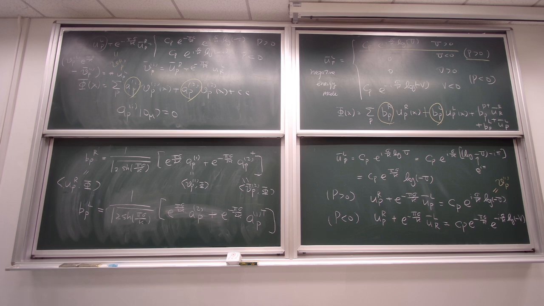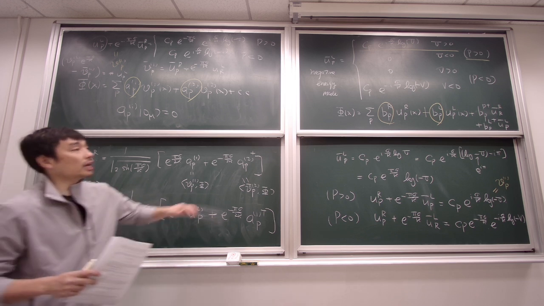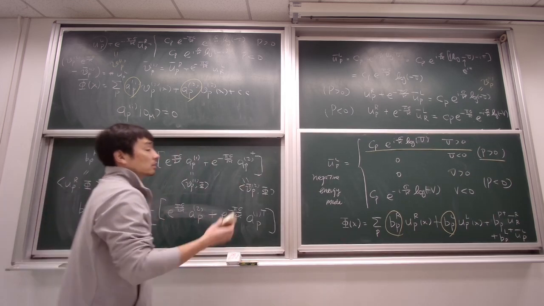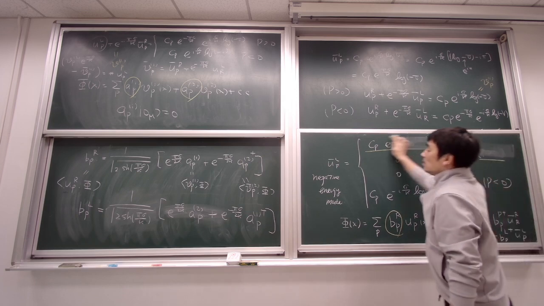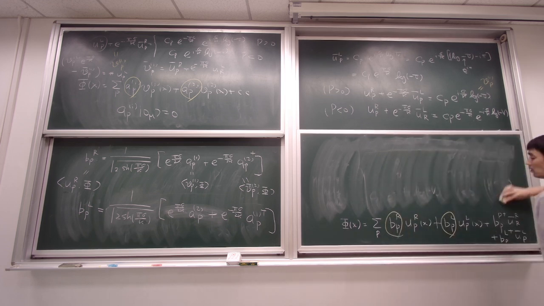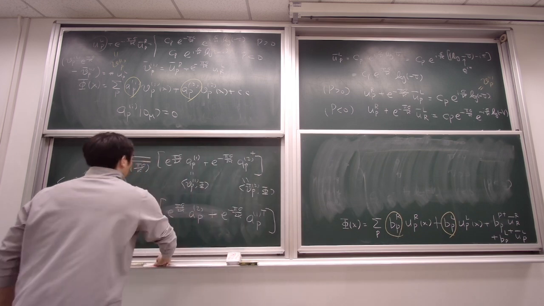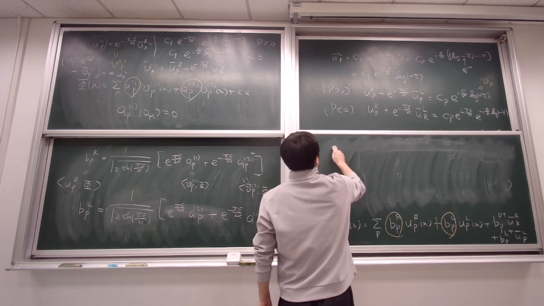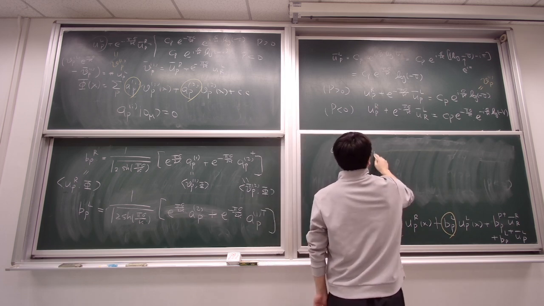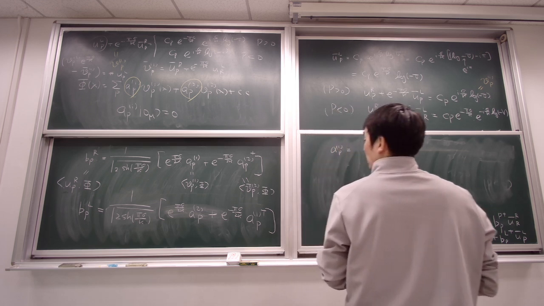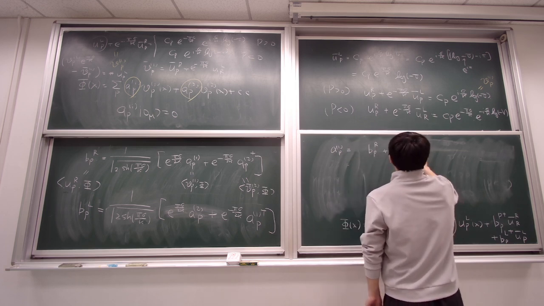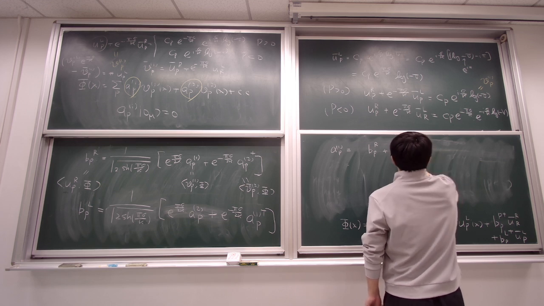Fine. So we can just do the same calculation for the dagger case, and what you end up with is as follows. For instance, A1 of P can be written as some combination of BPR plus BPL dagger, with some number.